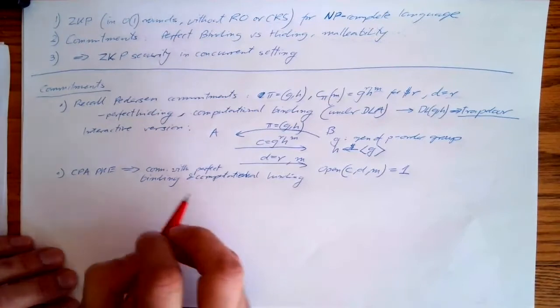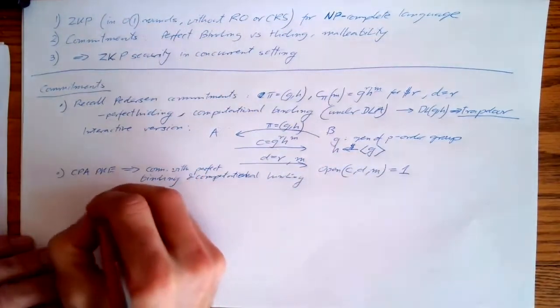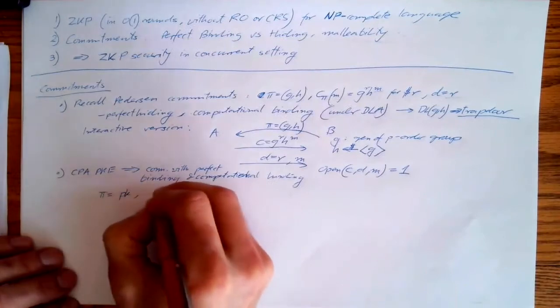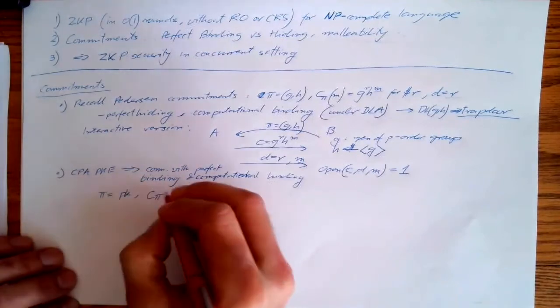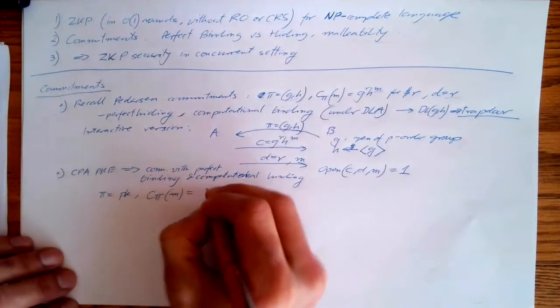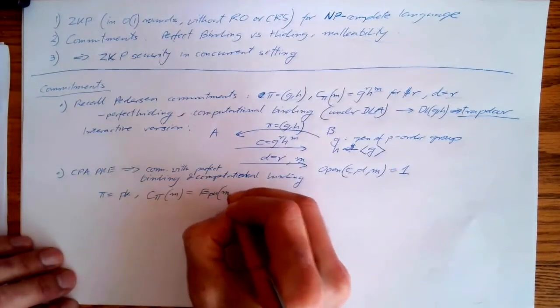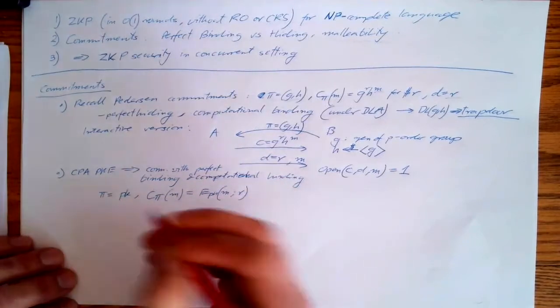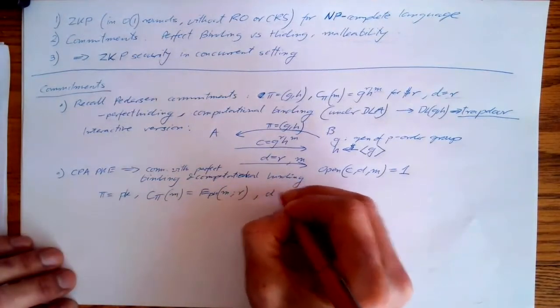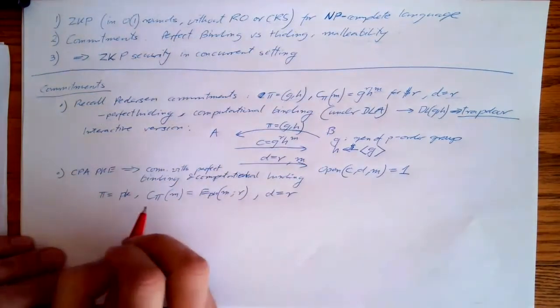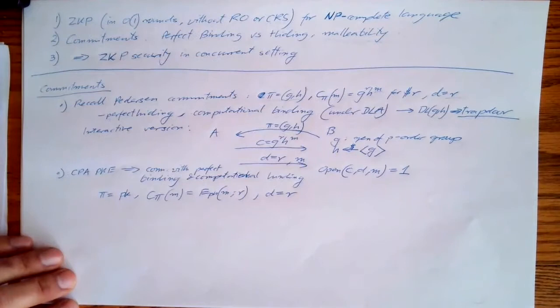And again, we thought of parameters as a public key of an encryption, and commitment under these parameters as a random encryption under this public key of the message, using some randomness, and the decommitment is the randomness used in encryption, right? Which allows verification.